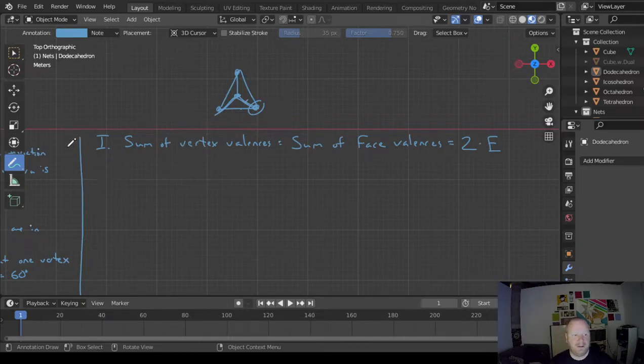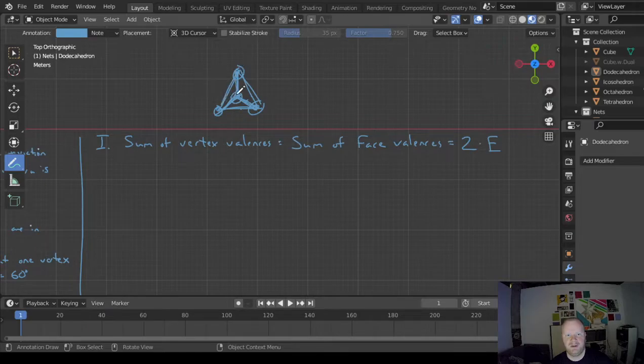For polyhedra, so for these 3D shapes we're looking at, we actually have this nice property that, remember, all these vertices are going to have the same vertex valence, and all these faces are going to have the same face valence.